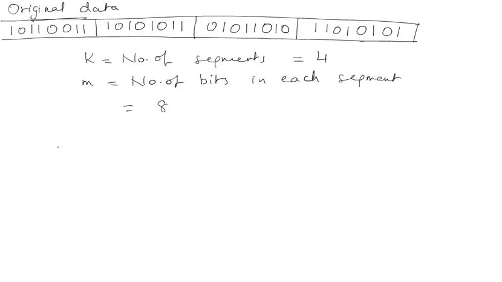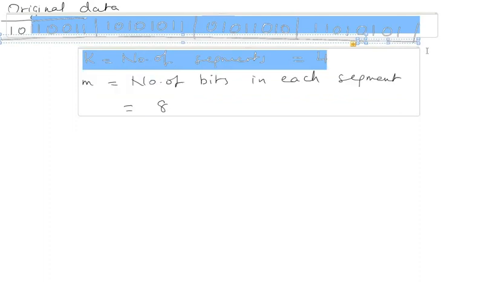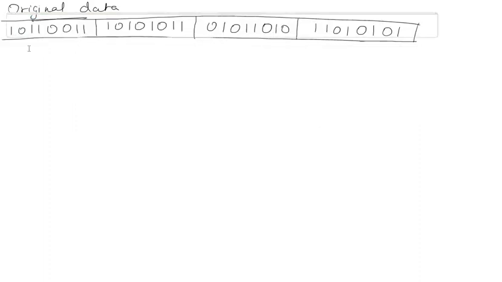So we'll do the checksum method. The first step is we need to add all of the 4 segments together to get the final sum. The first segment is 1 0 1 1 0 0 1 1.